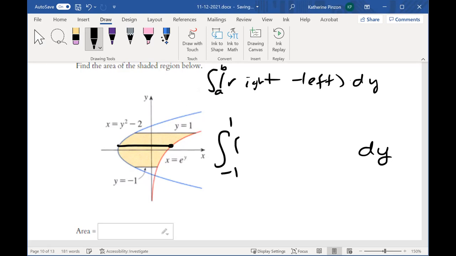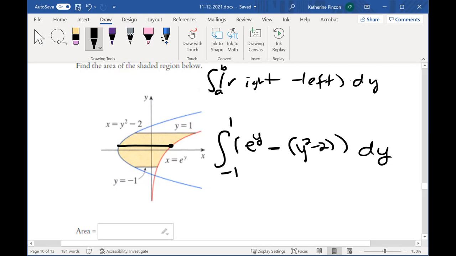So the right function is the red one, e to the y, minus the left function, y squared minus 2. Notice that I put that second function, y squared minus 2, in parentheses, because I have to subtract both parts of it, right? So it's going to be minus y squared plus 2. But if you type it in like that to Desmos with your parentheses, it should work out.